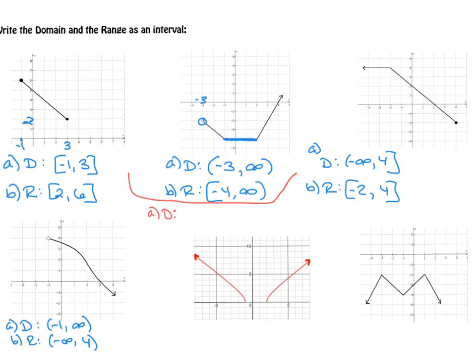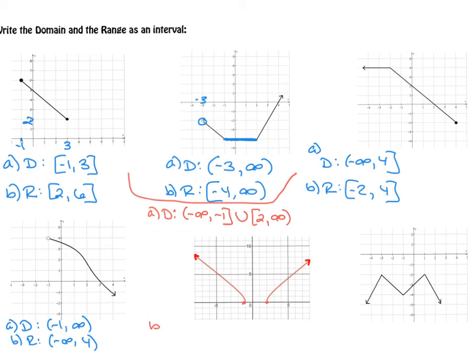So let's see, the domain, the farthest to the left the graph goes is -infinity, but it stops in the middle here. It has a break. It doesn't have any values between -1 and 2. So this domain would be -infinity to -1. That would get us to here. And then it takes a break, union, picks up again at 2, and goes to infinity.